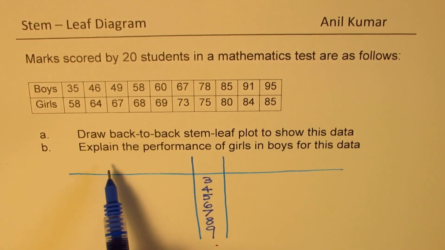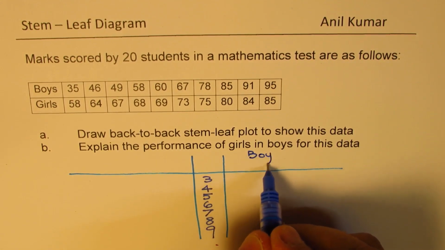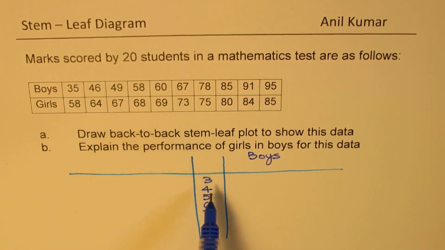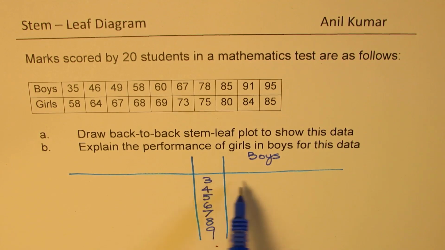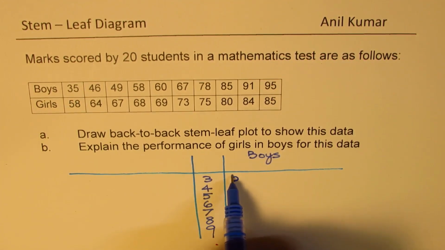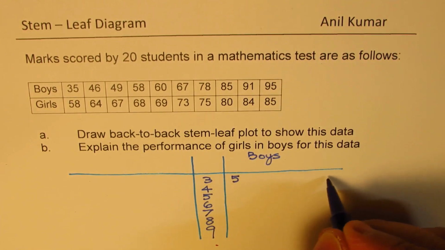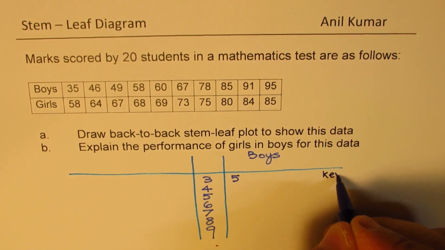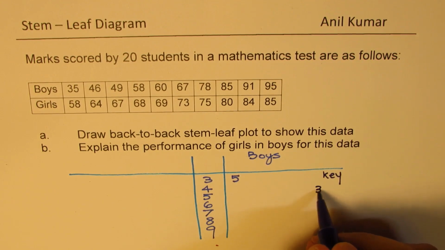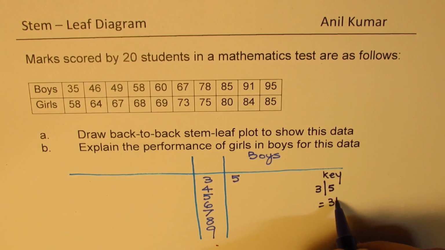Now, let's take boys on one side and girls on the other side. So if I take boys on this side, let's now substitute the values and group the data into these groups of 30s. So 35 means 3 and 5, right? So what we see here is that the key, as far as the boys group is concerned, over here is that 3, 5 means 35, correct?